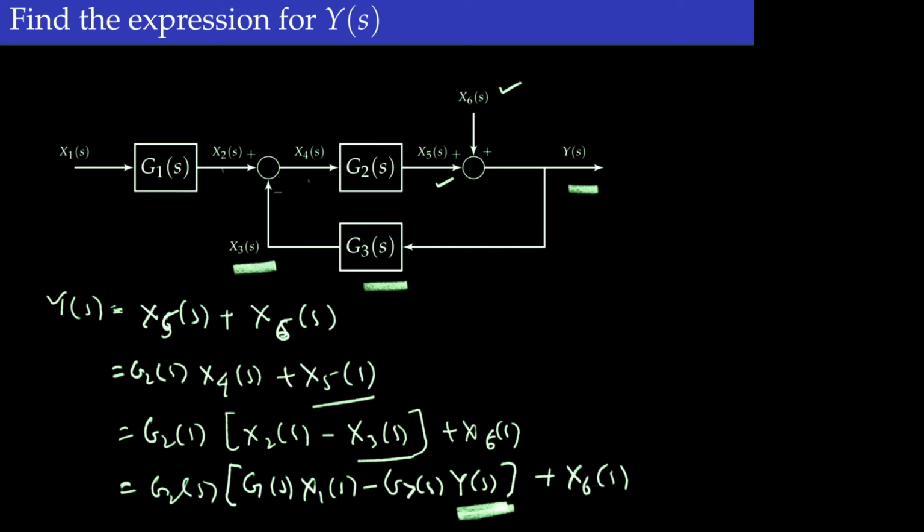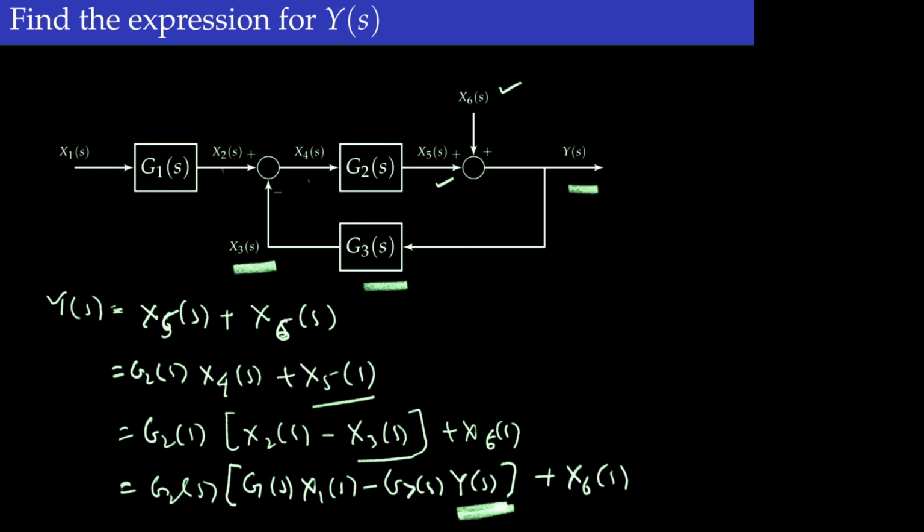Now if you do this mathematical manipulation to bring this to the other side, you will end up getting g2s g3s. It's negative. When it goes to the other side, it will be positive, and here ys has a coefficient of 1. So 1 plus g2s g3s, ys will be on the left hand side.